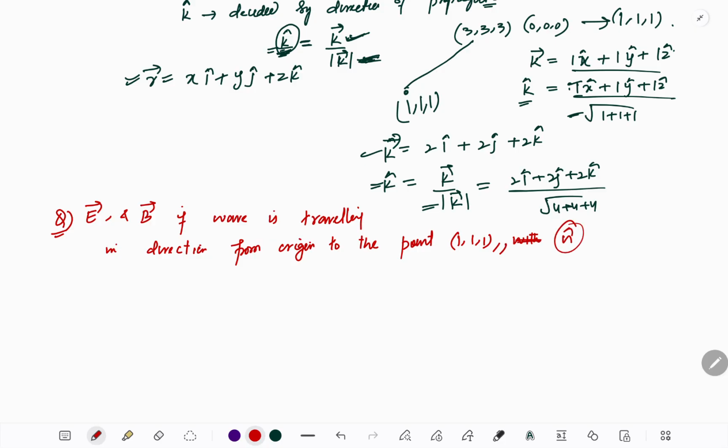There is no data that gives the polarization, so let's write it as n cap.